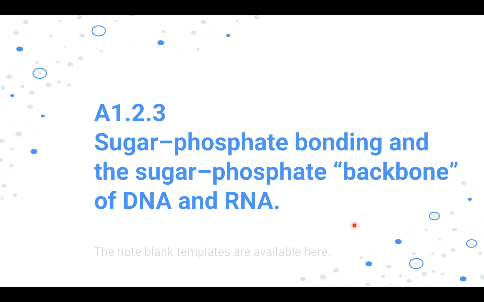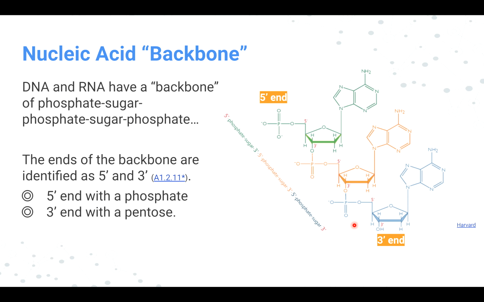Now, let's talk about sugar phosphate bonding and the sugar phosphate backbone in case of DNA and in case of RNA molecule. How they are connected, how the bond is formed, how the structure is being stabilized and maintained. Nucleic acids have a backbone.